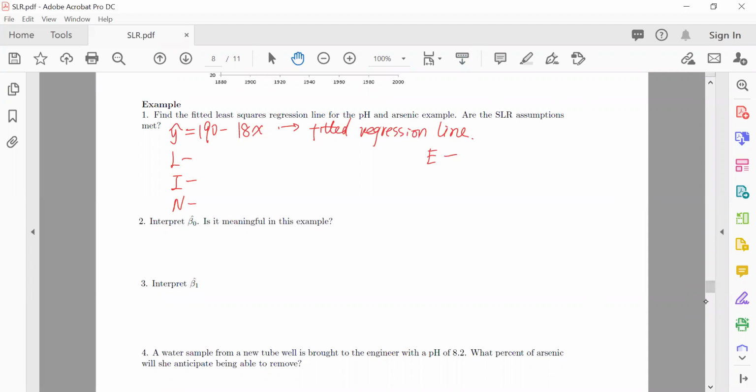And the fifth is whether the residuals average to 0 or not. Now let's take a look at the graphs provided by StatCrunch to see whether those 5 assumptions are met. So let's go back here.